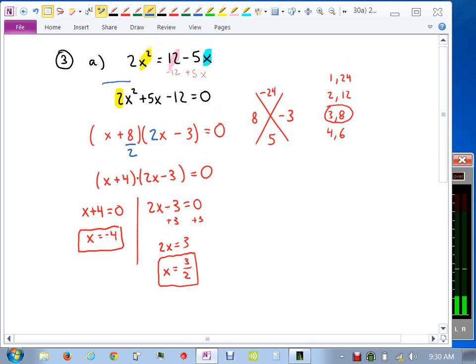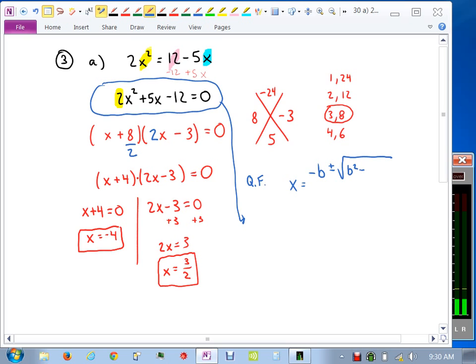Oh, with quadratic formula, I'll do this one kind of quick. If we would have done this with quadratic formula instead, here's how it would have worked. Remember, I'm using x equals negative b plus or minus square root b squared minus 4ac all over 2a. All right, so my x will be equal to negative b, which is the opposite of the b I have.